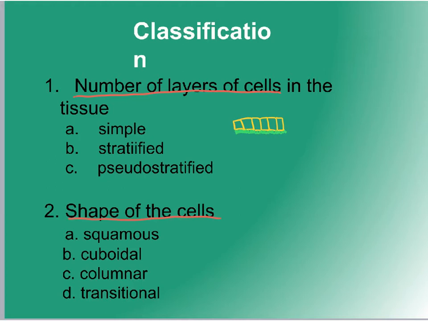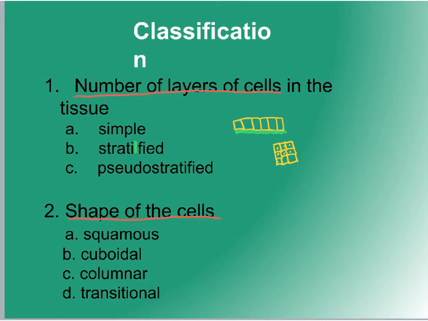A stratified epithelium, and that is misspelled, there should just be one I. A stratified epithelium is going to have more than one layer. So strata means layer, right? So I'm just going to draw in a tissue that has 3 layers, for example.